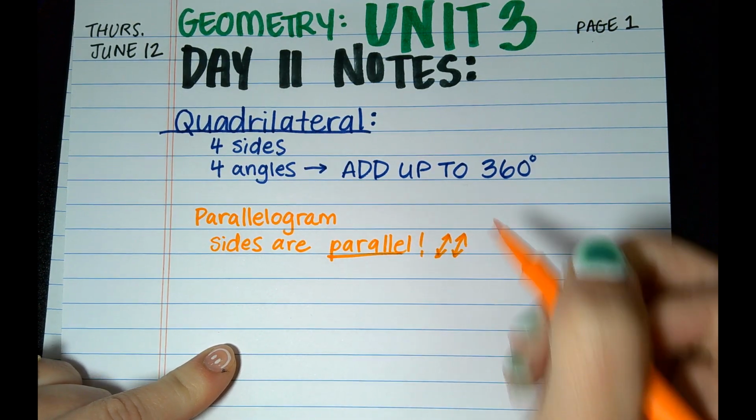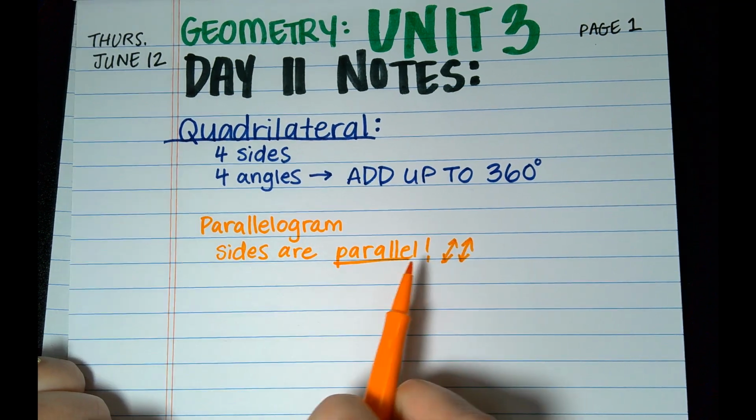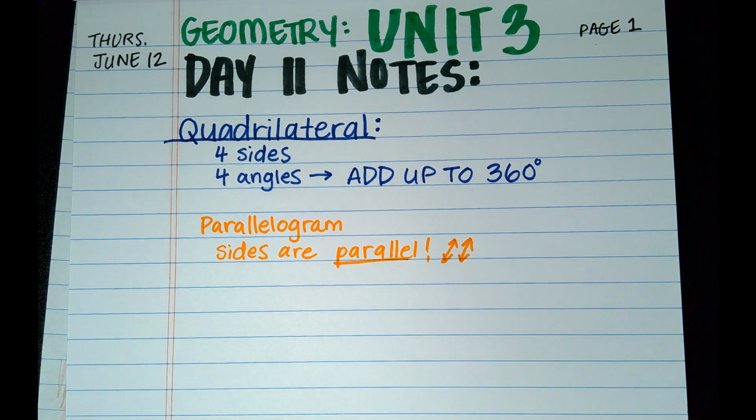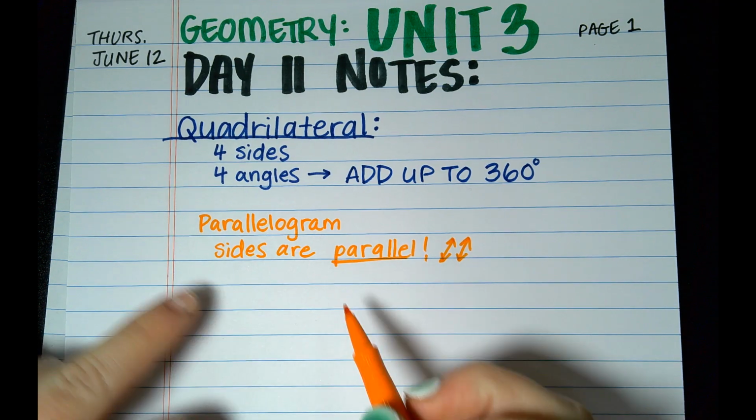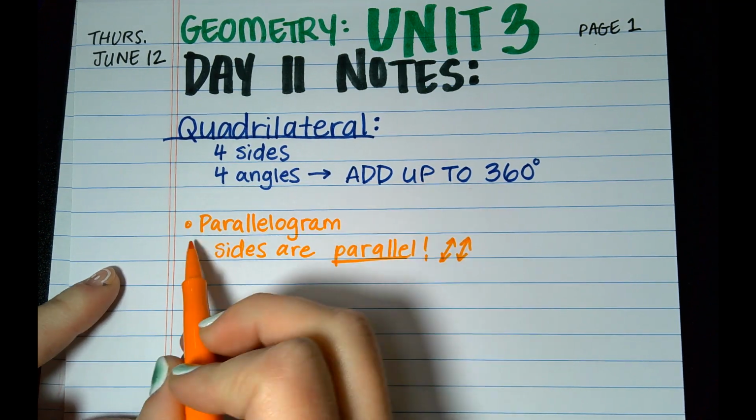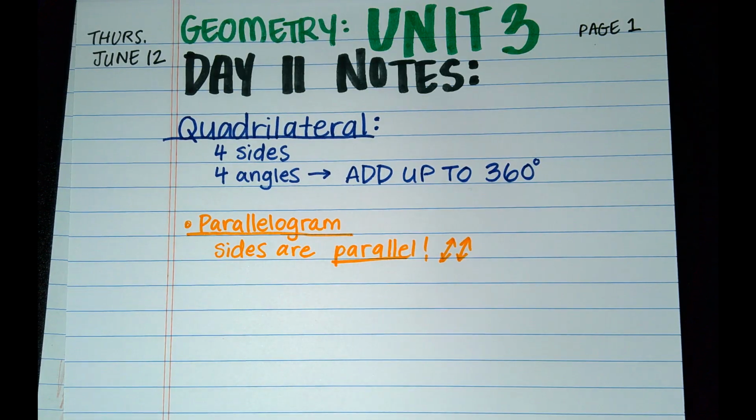Now, who remembers what it means to be parallel? Lines that never cross. That means they're going to be going at the exact same angle. So I'm going to show you an example of a parallelogram.